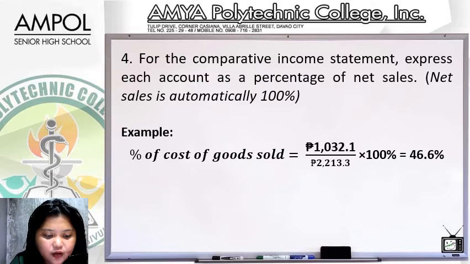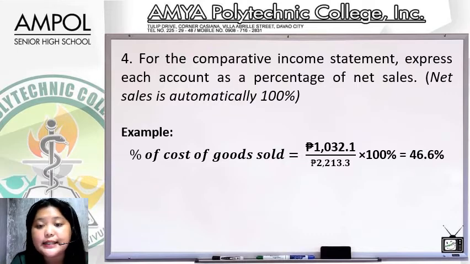So where did we get that 1,032 pesos and 1 centavo? We get that one on the given also. That's our cost of goods sold over the net sales.